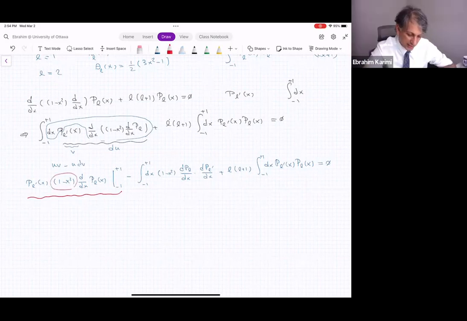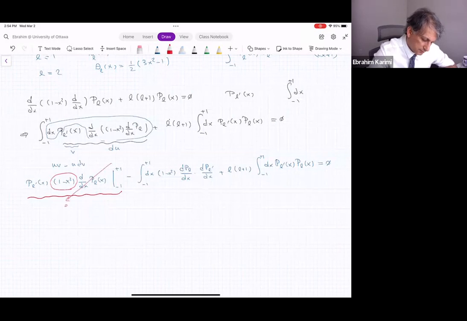Yeah, exactly, because that term will be 0 at plus 1 and minus 1. And we know that the rest is a polynomial, so definitely it has a value. So that will be a 0.